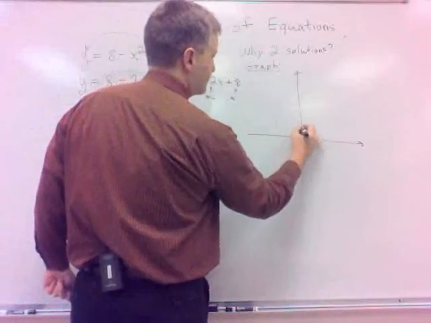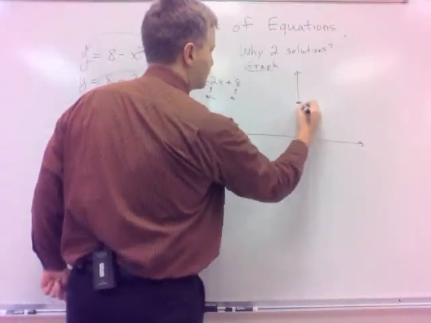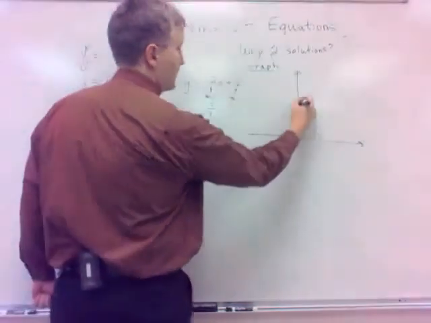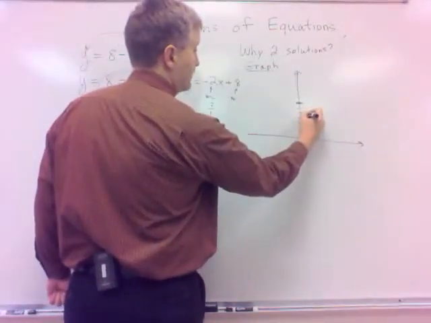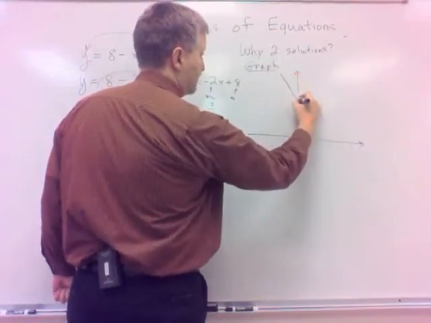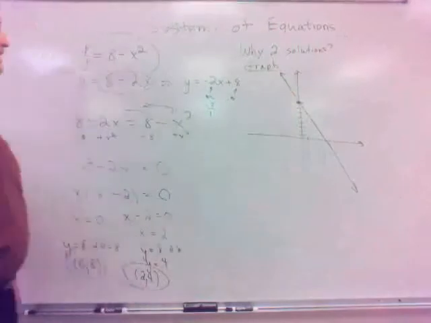So 1, 2, 3, 4, 5, 6, 7, 8. Negative 2 over 1. So it's down 2, and then run 1. I'm seeing that is the line.